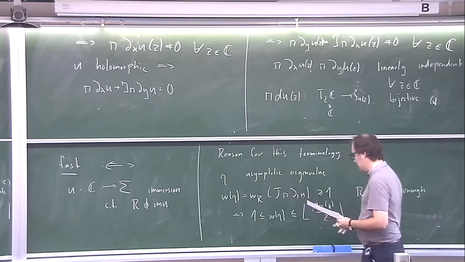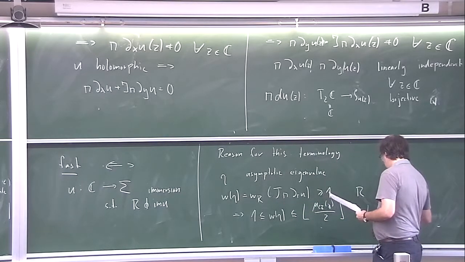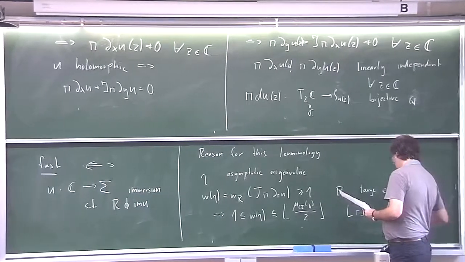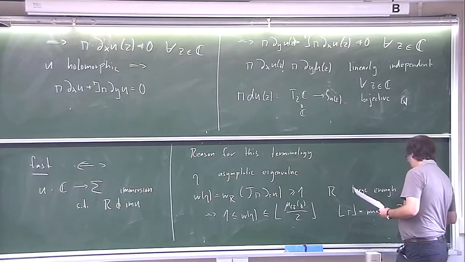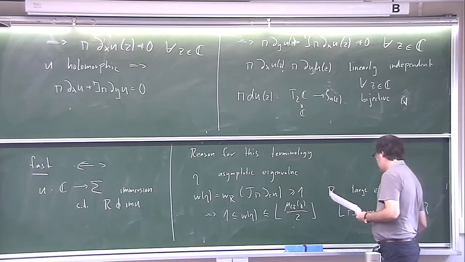Here the integer part of R is the maximum n in Z such that n is less than or equal to R, for R in the reals.